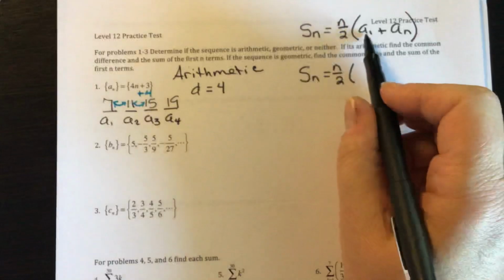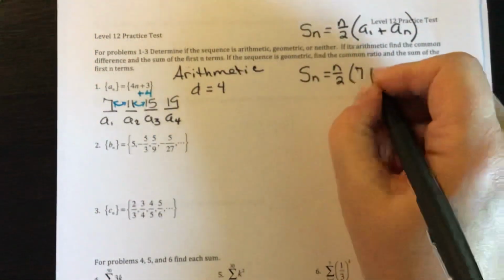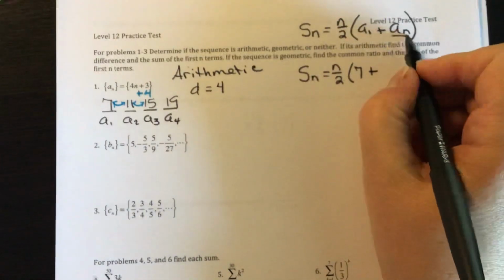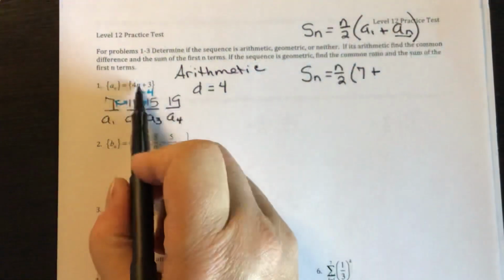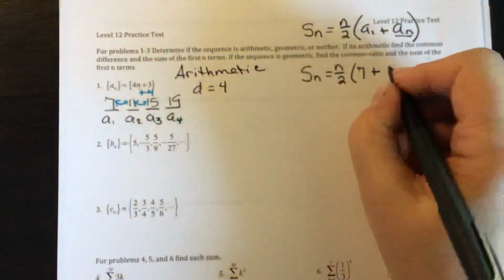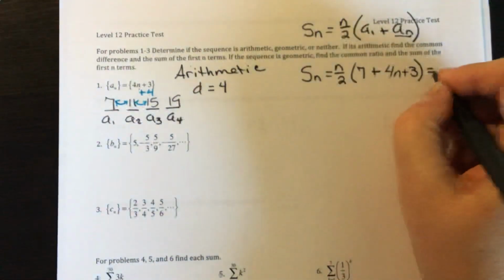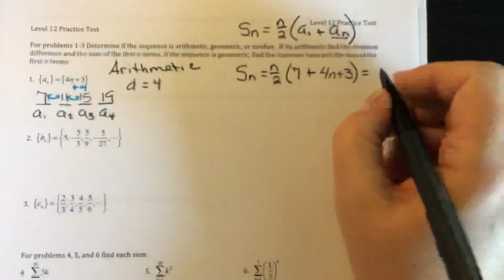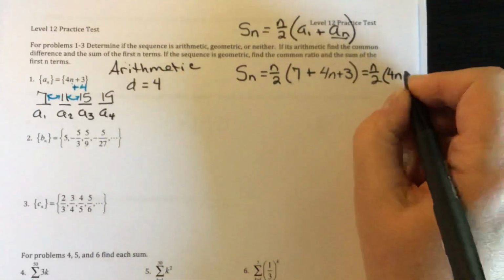I'm going to substitute a sub 1 is 7, and add that to a sub n. To find the nth term, I'm going to keep an n here, and I have 4n plus 3. So this is really n over 2 times 4n plus 10.